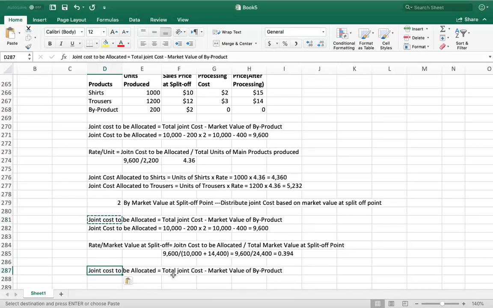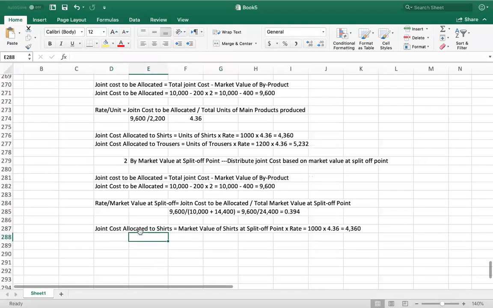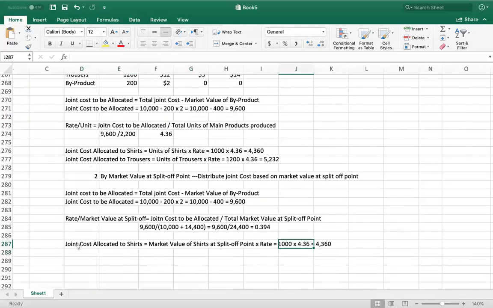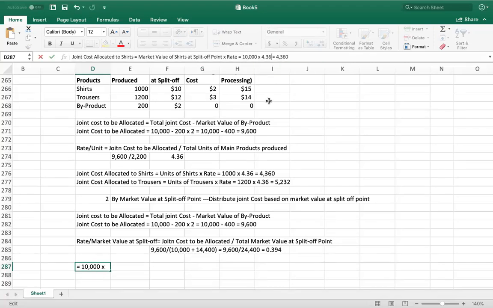The joint cost allocated to shirts is the market value of shirts at the split-off point multiplied by the rate. The market value of shirts was 10,000, so it is 10,000 multiplied by the rate. What was the rate?